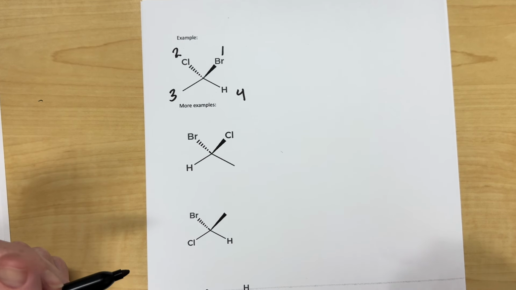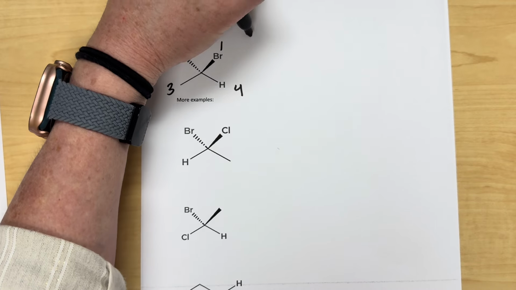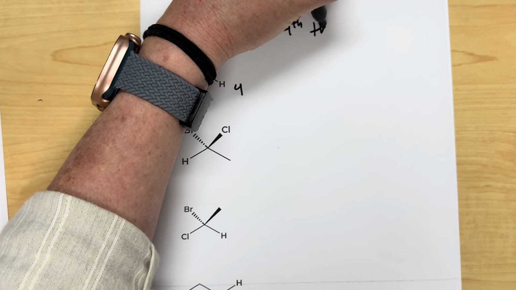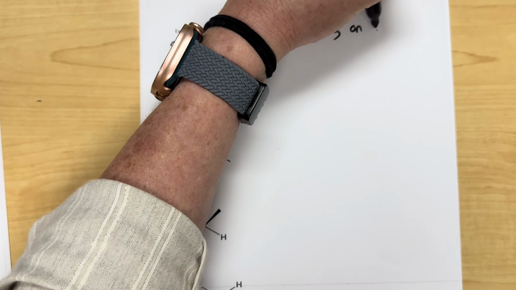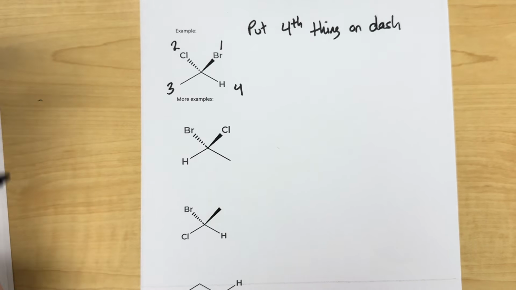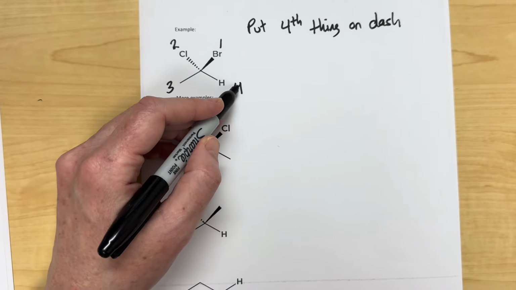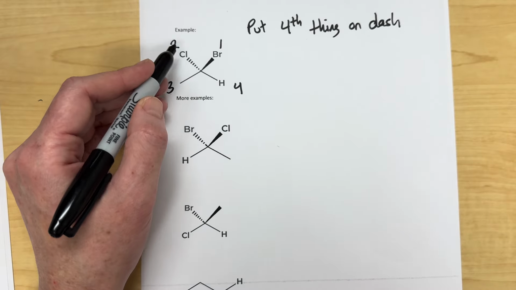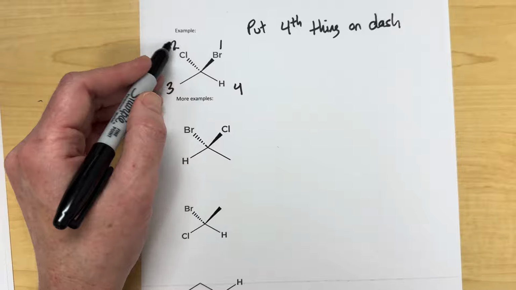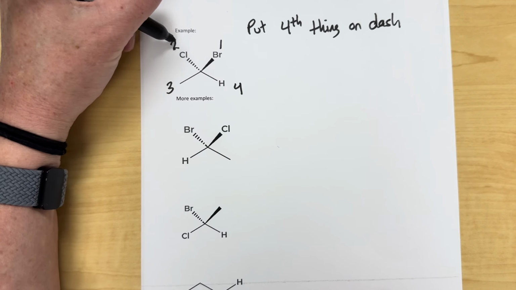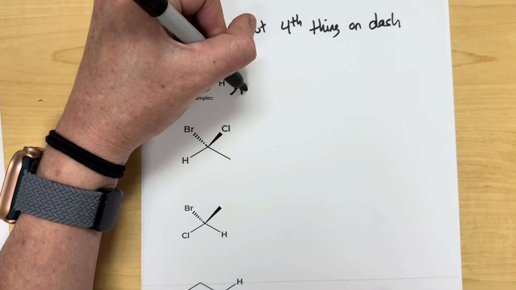So what you're going to do is you want to make sure that you put the fourth thing on a dash. Okay, you want the fourth thing to be in the back. So to get this fourth thing to be in the back, I take the fourth thing and I switch it with whatever was on the back. This dash one right here, this chlorine. So essentially I'm like, just kidding, this isn't number 2, this is now number 4, and that's number 2.